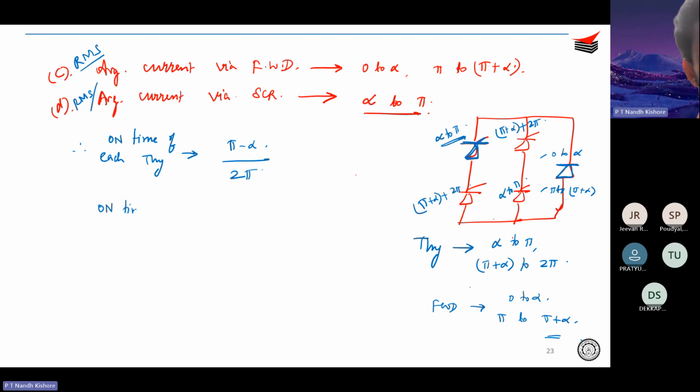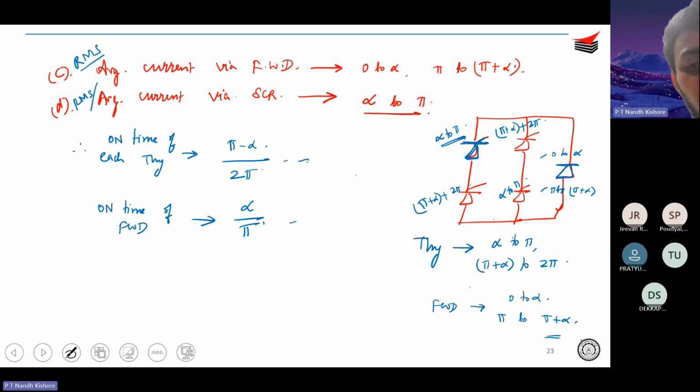And the on time of the freewheeling diode is from 0 to alpha, so alpha out of every pi interval. For every pi interval, it is on from 0 to alpha, and for every 2 pi interval, the thyristor is on from alpha to pi.